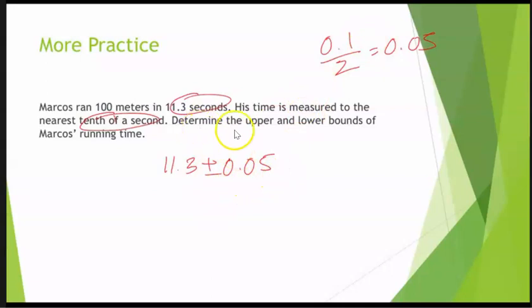Now it just tells us to determine upper and lower bounds, so I just have to find my two numbers. 11.3 plus 0.05 is 11.35. 11.3 minus 0.05 is 11.25. My lower bound is here, my upper bound is here.